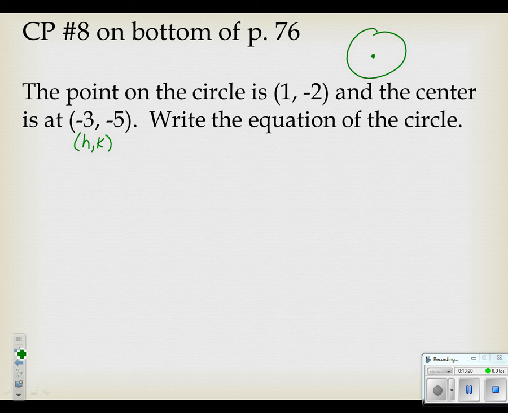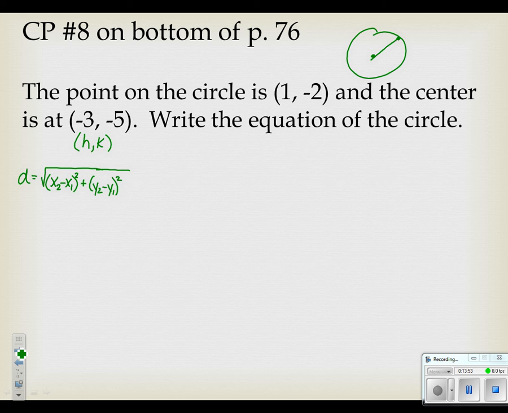If you have your center and you have a point on the circle, the distance between them makes a radius, right? So we're going to dig deep and think back to our distance formula from Algebra 2. The distance formula was this, if you don't remember. That is going to help us find that radius.